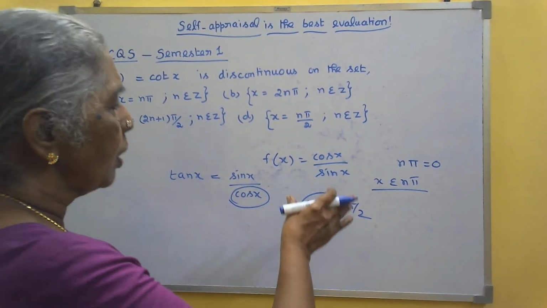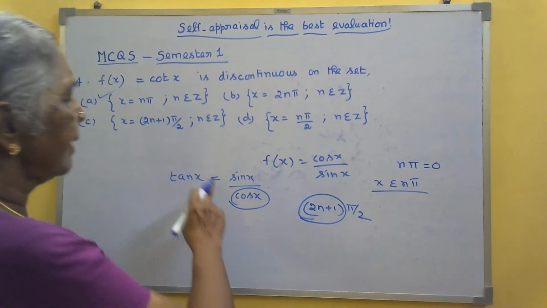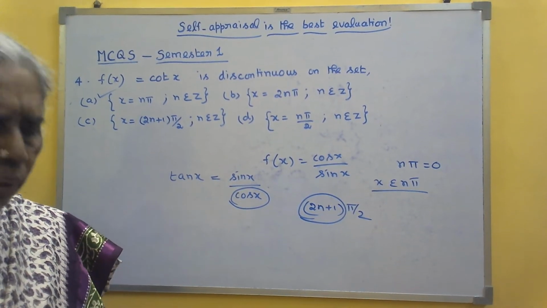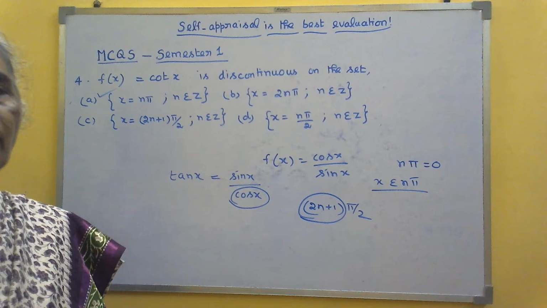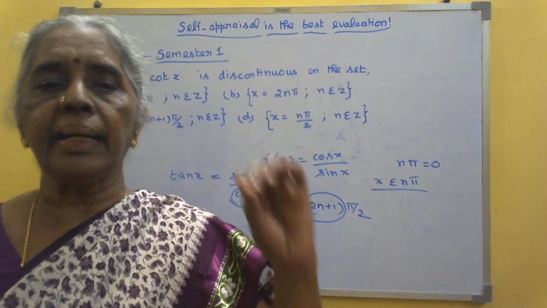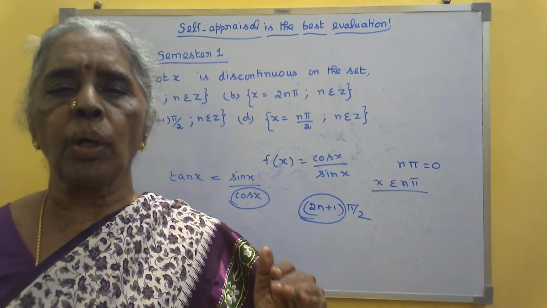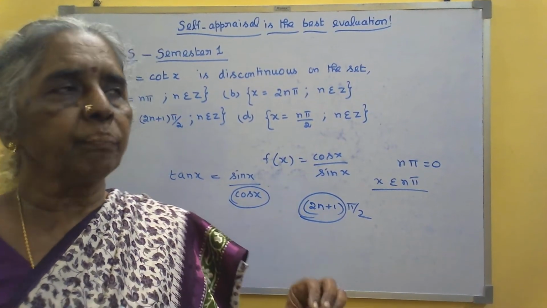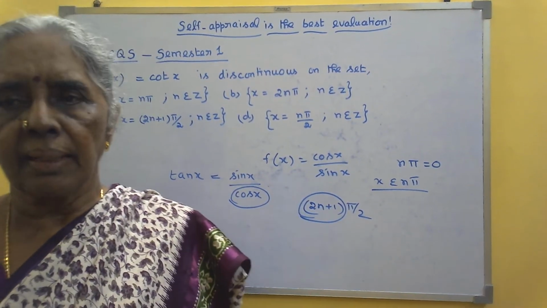If your x belongs to that, in that case tan x will become discontinuous. So, like this you have to think. Like that they can ask for tan x, secant x, cosecant x. Check the denominator and see for what values that will become 0. In that set, it will become discontinuous. Is it clear?